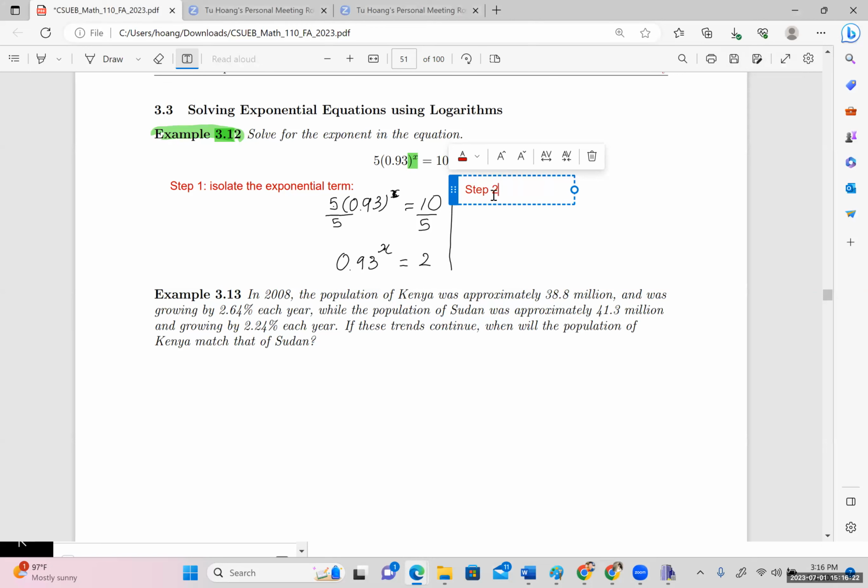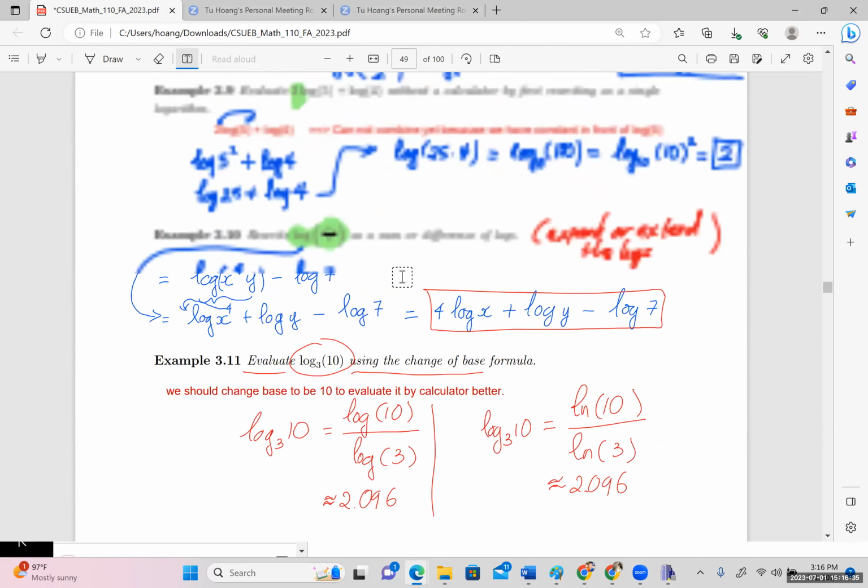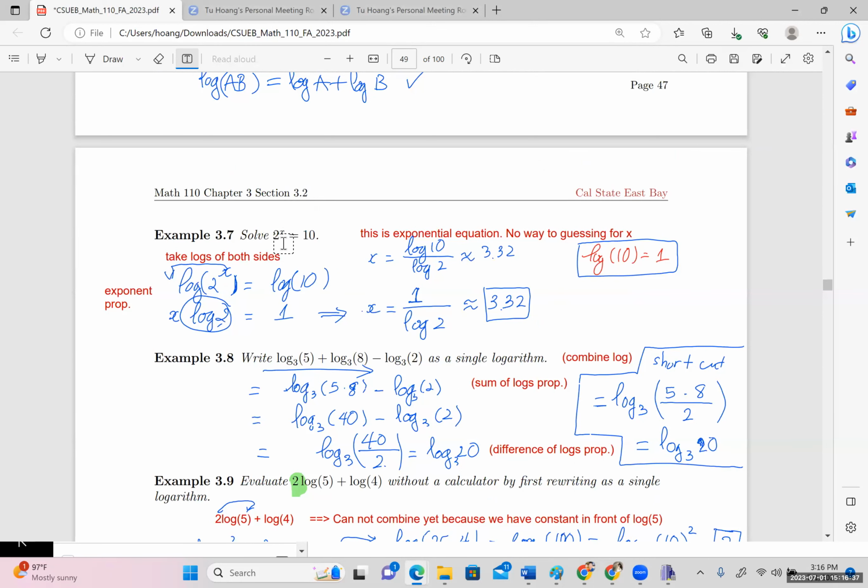We come to step 2, which is to take log of both sides. As you see, I have isolated the exponential term, similar to example 3.7. So I take log of both sides.